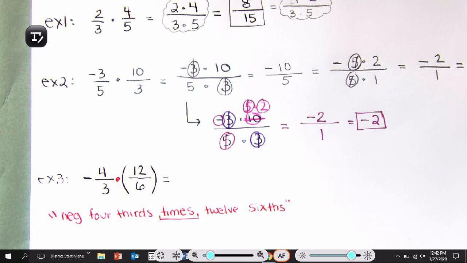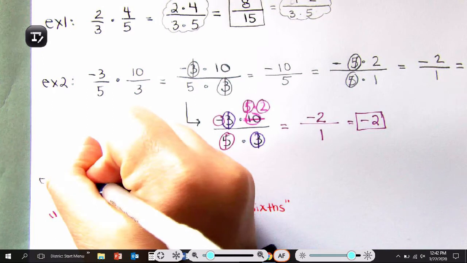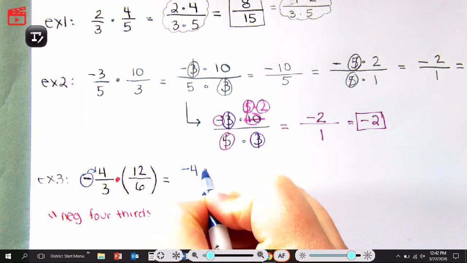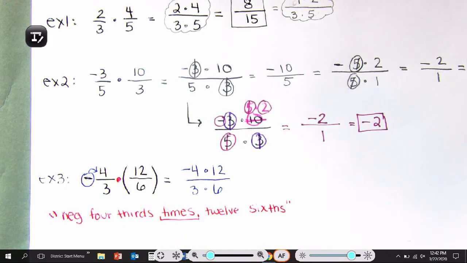with our steps. Step number 1, take your numerator and multiply. Now before I continue, this negative seems to be in the middle, so I'm just going to take my negative and put it on top. So I'm going to say I have a negative 4 times 12, and I have a 3 times 6.